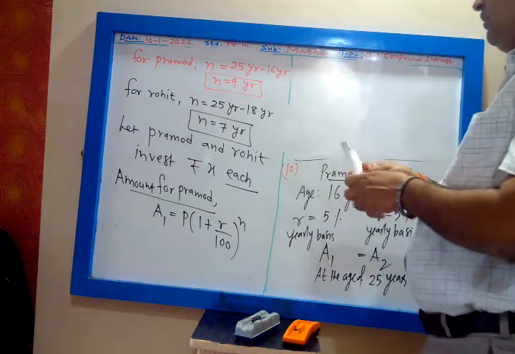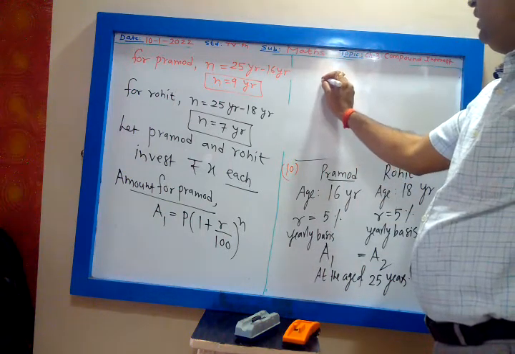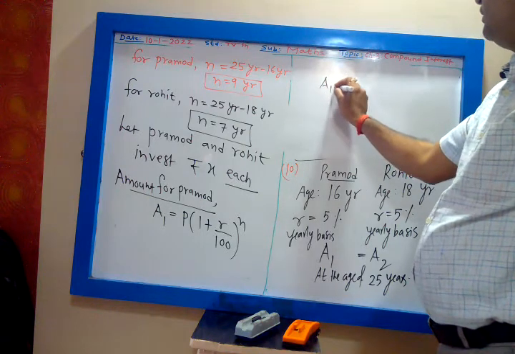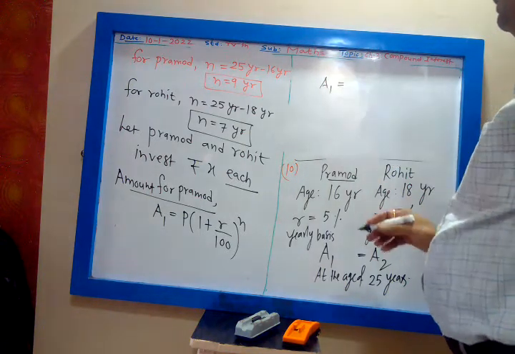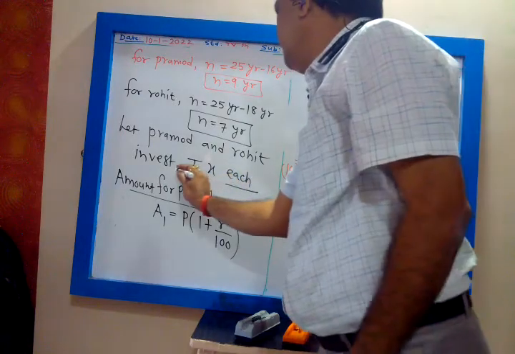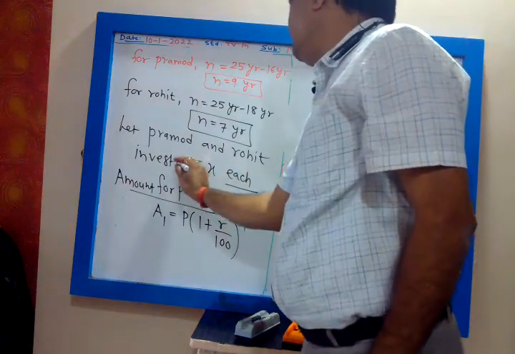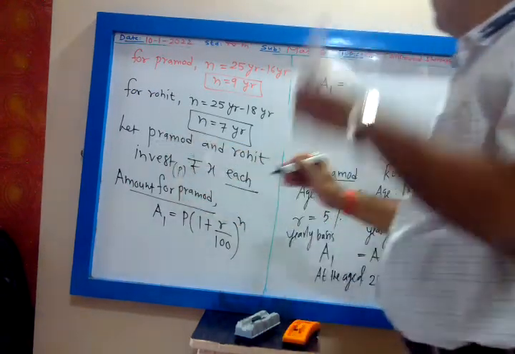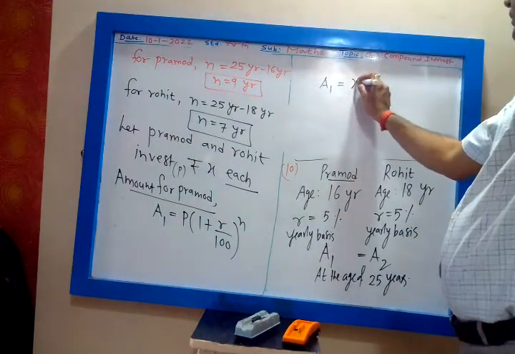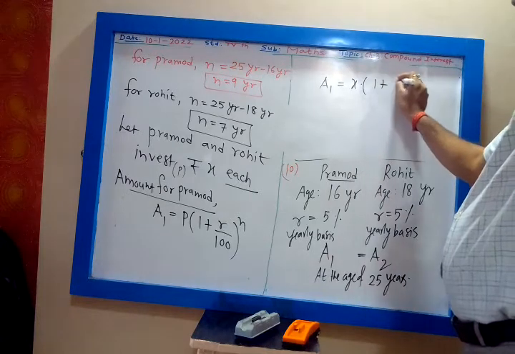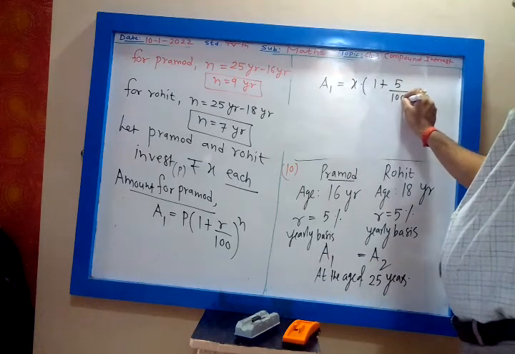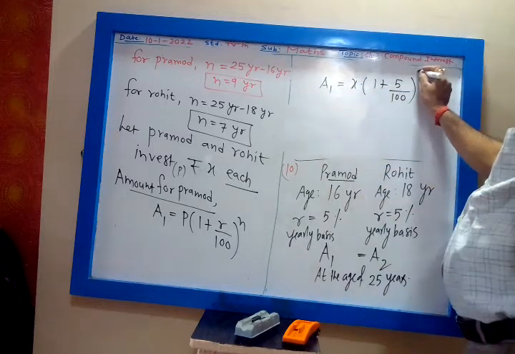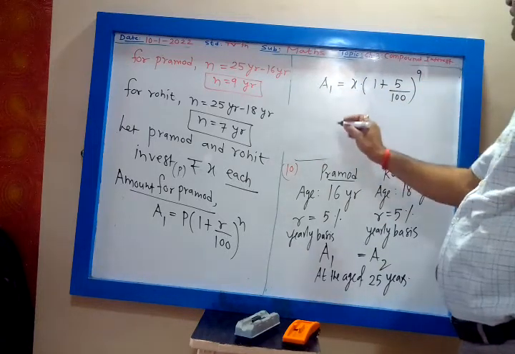So A1 is equal to, with P as X, X into (1 plus 5 upon 100) raised to N. Pramod has invested for 9 years, so raised to 9.